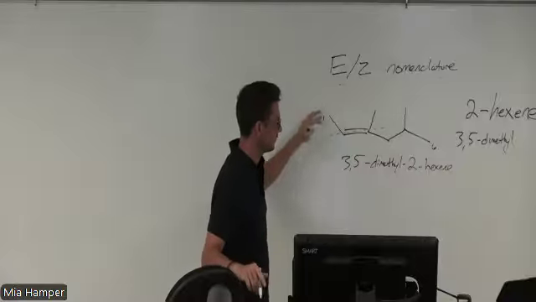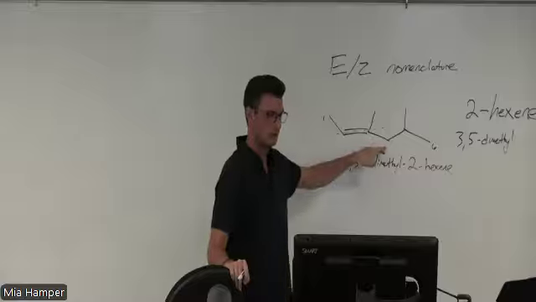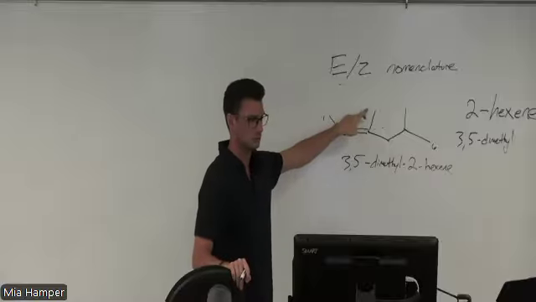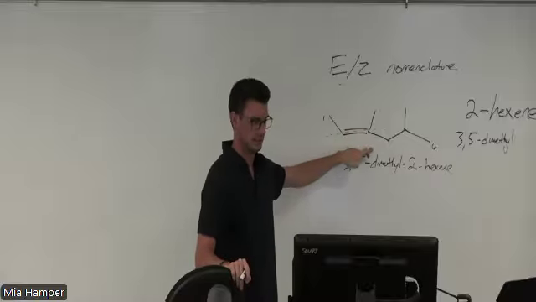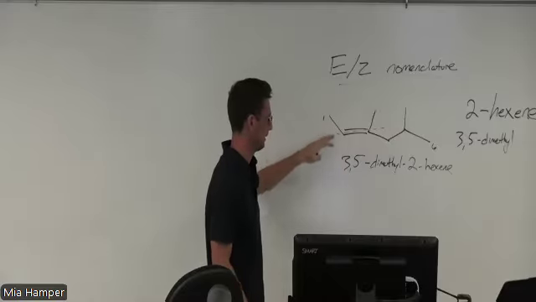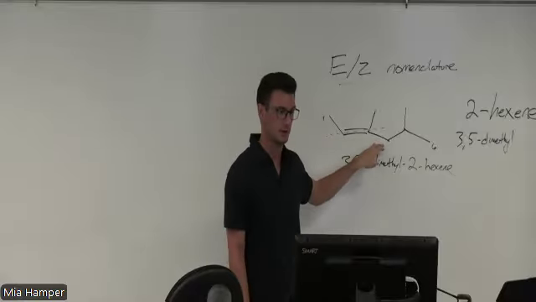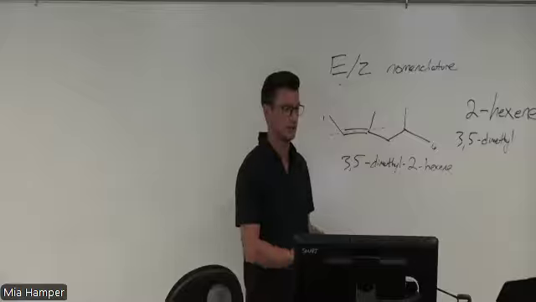And what's of higher priority? This parent chain, or this methyl? This, right? So this takes a higher priority than that methyl. So the highest priority on this side of the double bond is going upwards. On this side of the double bond, highest priority is going downwards. So we would call it E.